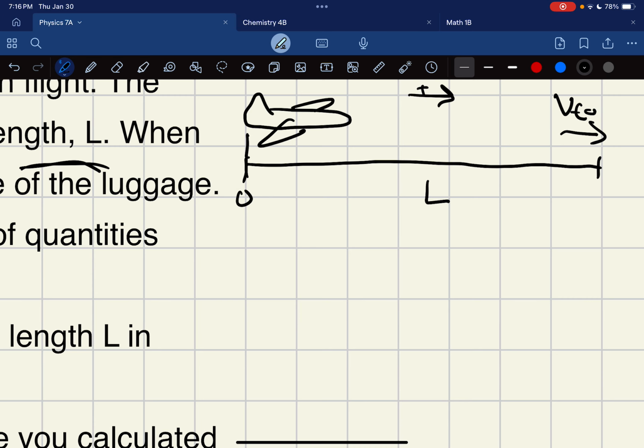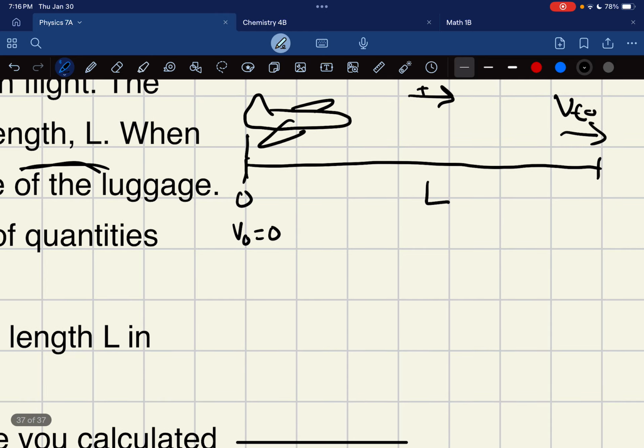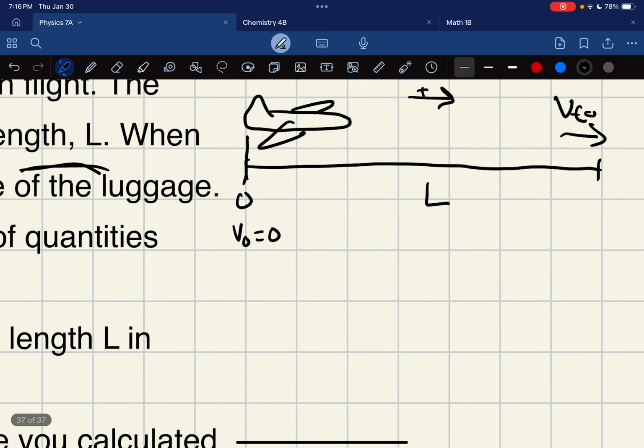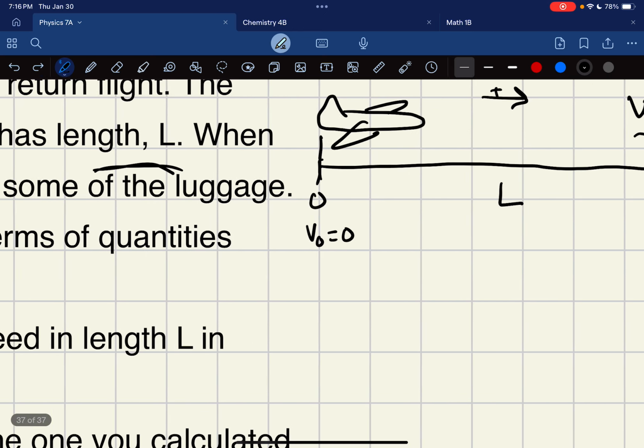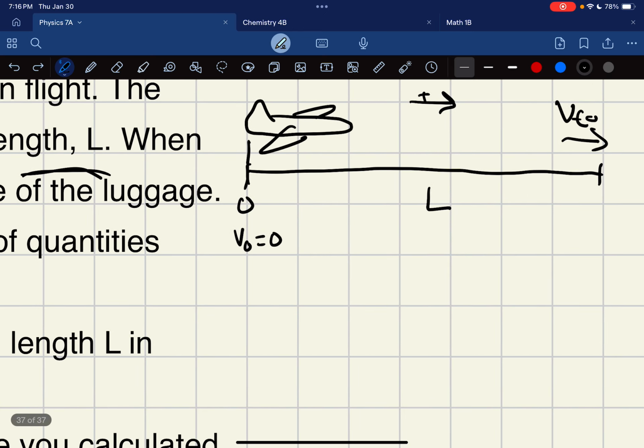If it starts at rest, that means the initial velocity is equal to 0. If we think about what variables we have: initial velocity, final velocity, and a length of runway.